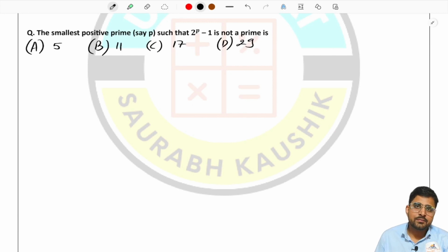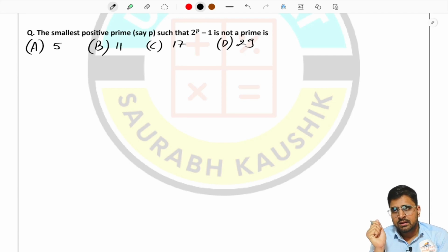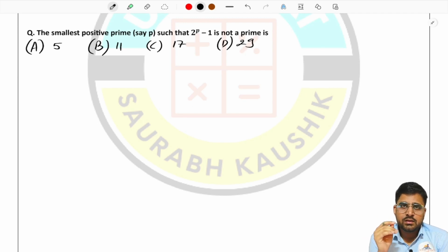Again a question based on the value putting method, but in this type of questions you have many possibilities, so it is always advisable to put the values from the options themselves to restrict the number of possibilities.